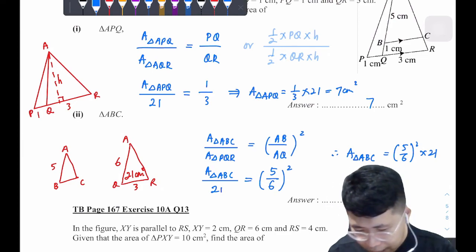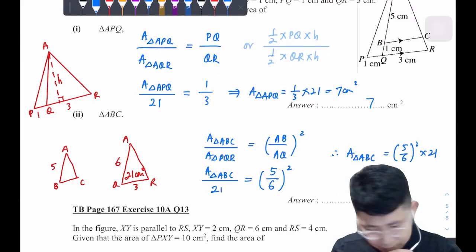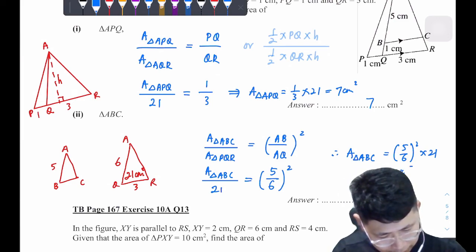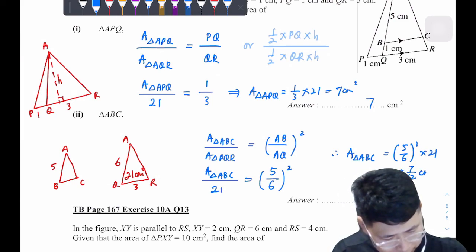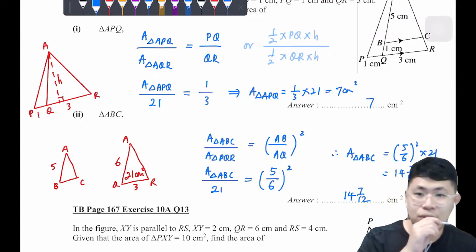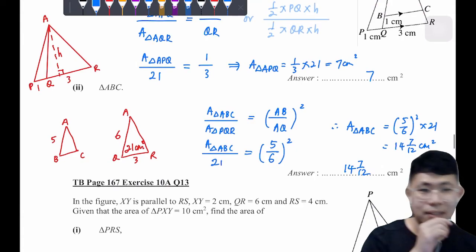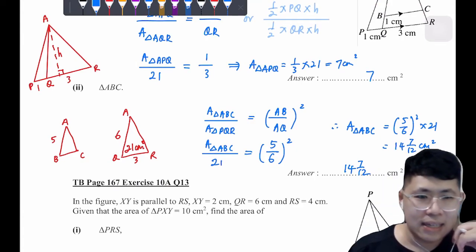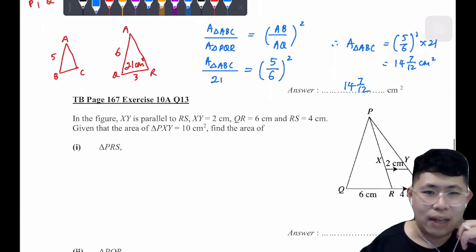So I'm going to have 14 and 7 over 12 cm square. Okay, so this is the end of what I want to do.